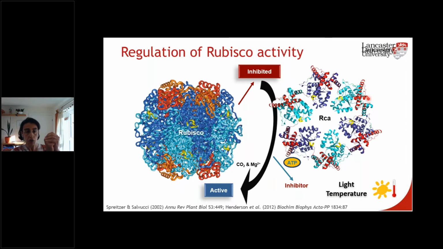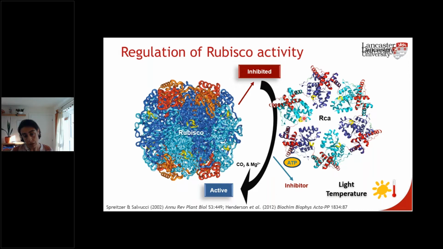And so Rubisco depends on interaction with Rubisco activase, which uses the energy from ATP hydrolysis in order to open up the catalytic site of Rubisco and enable the release of those inhibitors. And this renders Rubisco catalytic sites available for carbamylation and for catalyzing its activity, so carboxylation or oxygenation of RuBP.